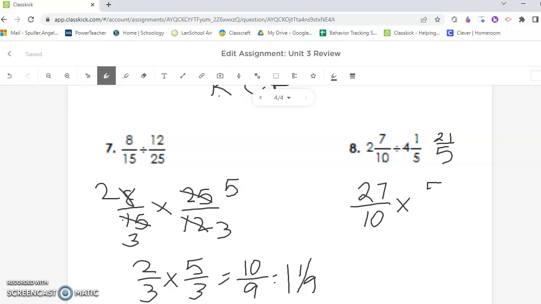But I'm going to flip it and I get 5/21. I can simplify this by making this 1 and 2 by dividing both by 5. I can divide both of these by 3 and get 9 over 7. 9 times 1 is 9. 2 times 7 is 14. There's your answer.